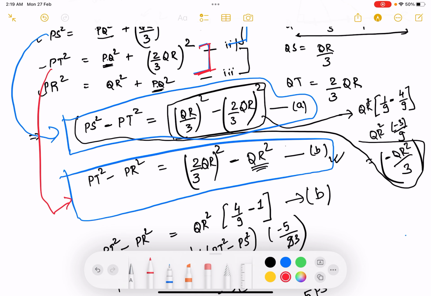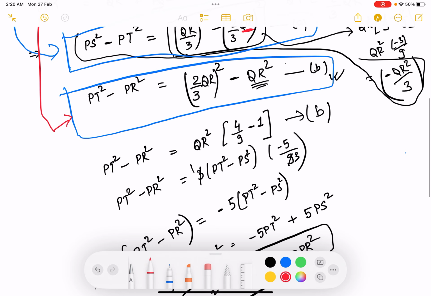We have only one variable QR, and we tried to eliminate QR from the two given equations and got our final result.